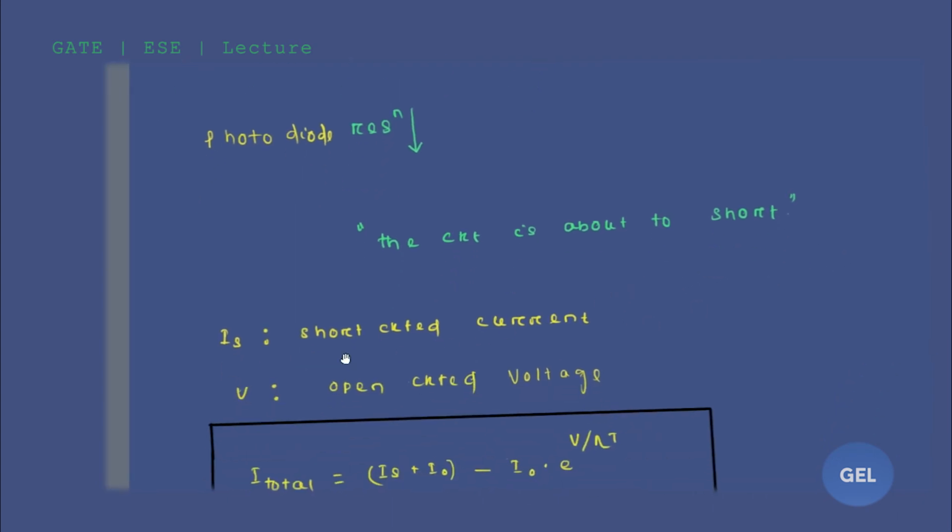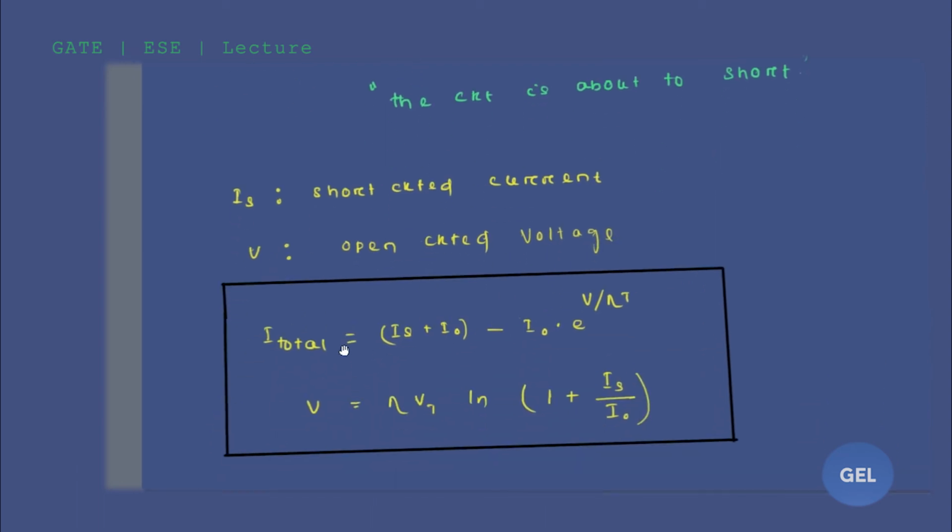So with short circuit current IS and V as your open circuit voltage, always remember these two formulas. The total current is IS plus I naught minus I naught into e to the power V by eta Vt. And V equals eta Vt ln of 1 plus IS by I naught. Remember this formula, it is very important for your GATE and ESE exams.